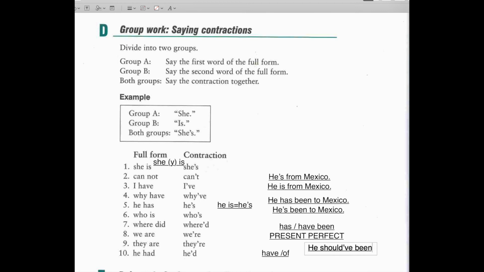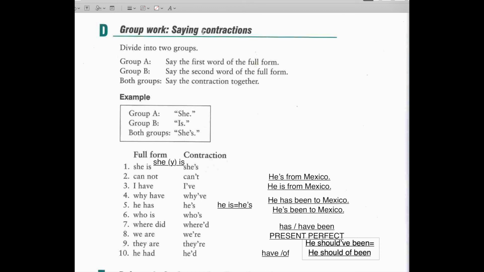He should have been. Well, again, in spelling, when we see the contraction, we can see that it is have. But in listening, it does sound a lot like the word of. So often you might see people misspell. So for example, you might see something like this on Facebook or social media where people misspell the word have because they're spelling it as if they pronounce it. And again, this is a common challenge even for English speakers.